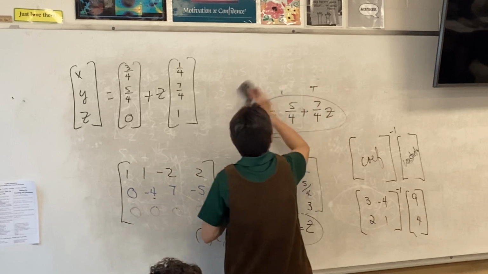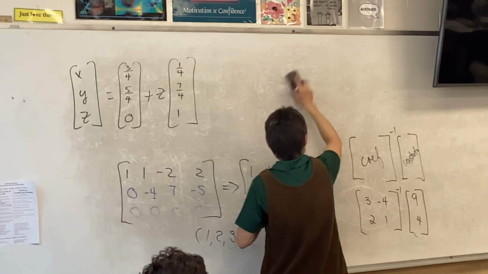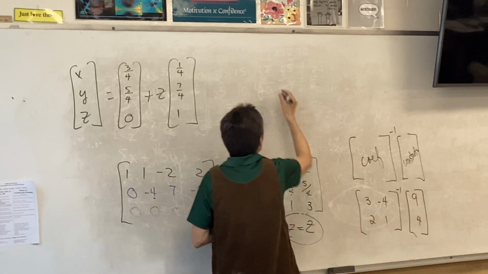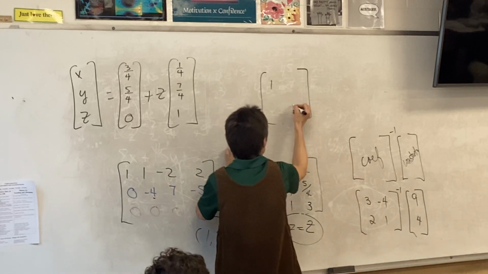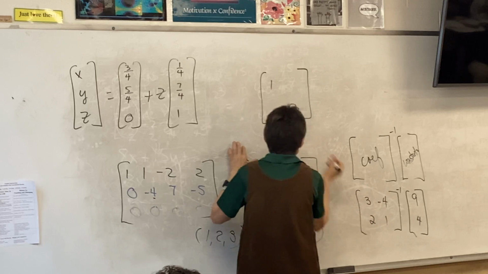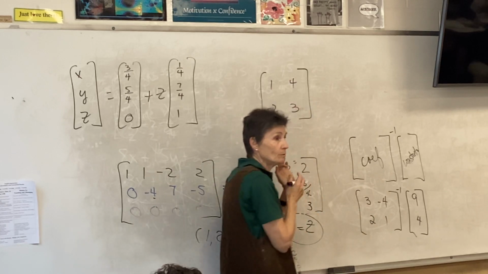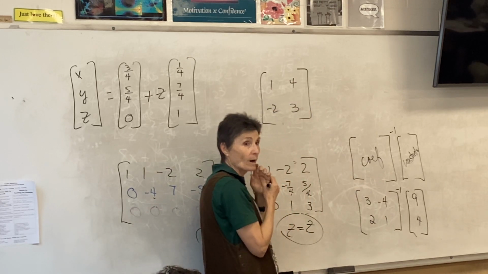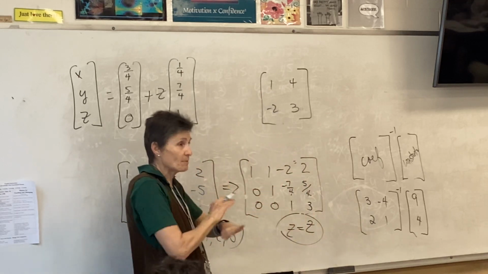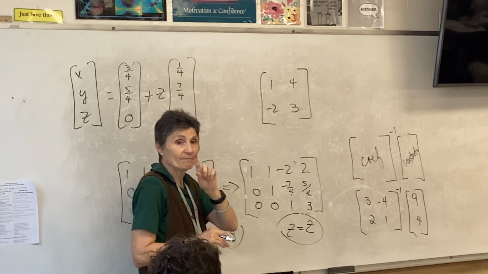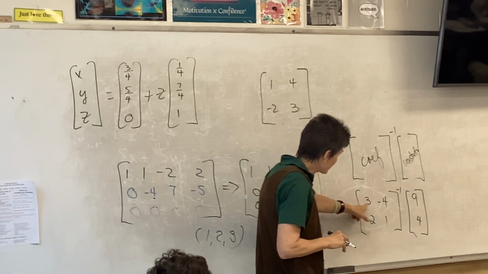How do I find the inverse of a little 2 by 2? I've got to switch these guys and change the signs on the other two, right? And then what? That is not it. Do not stop there. What else? Divide by the determinant. So what's my determinant?